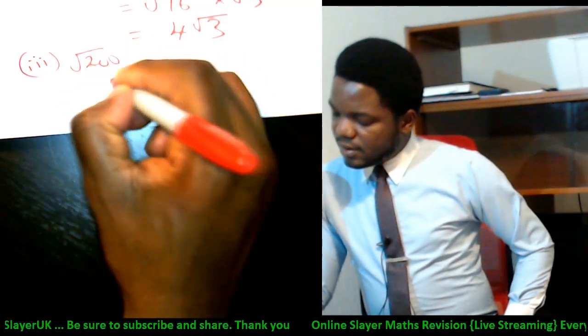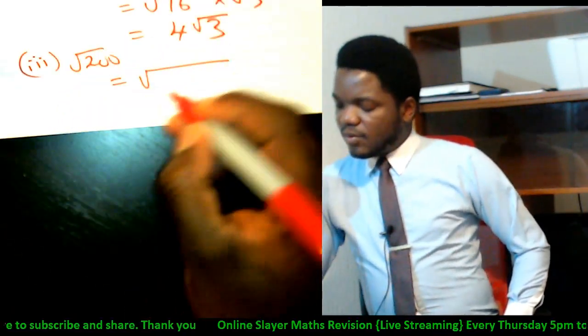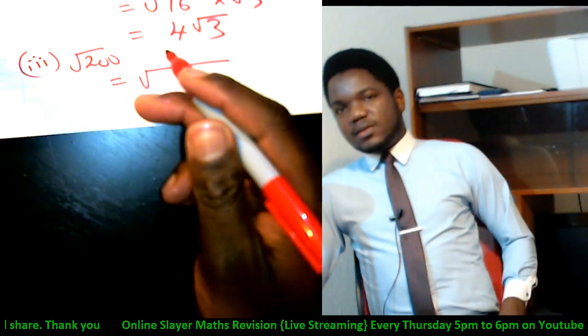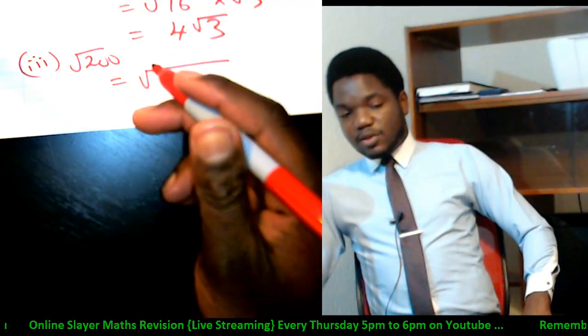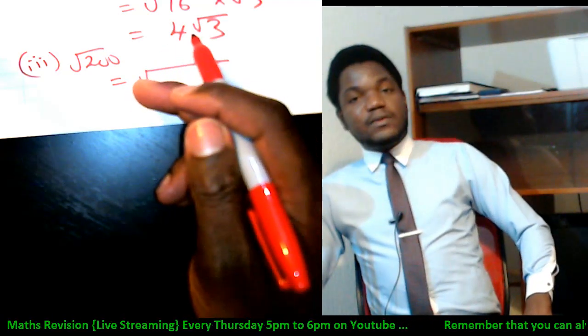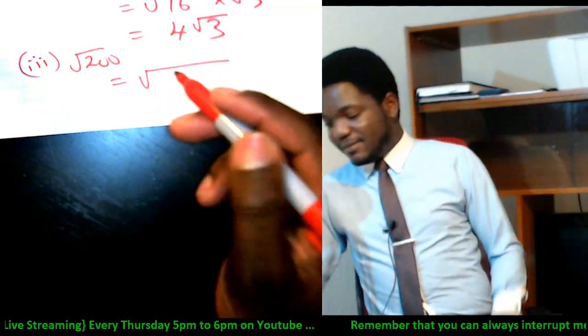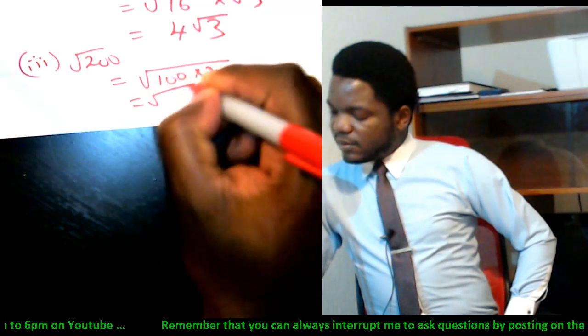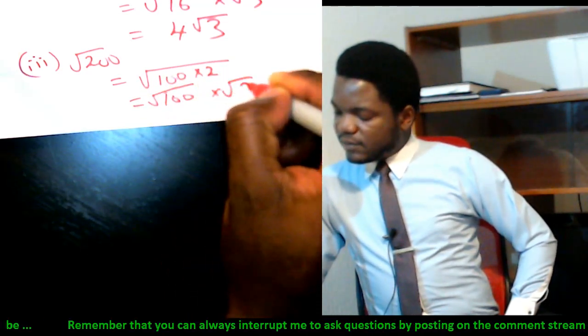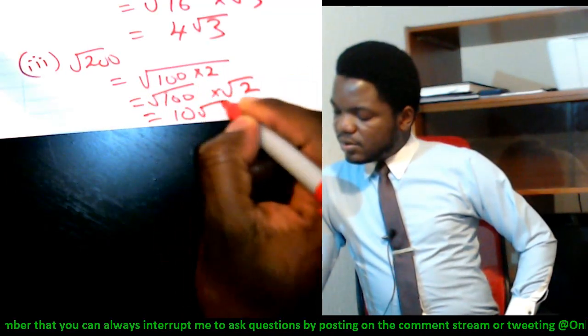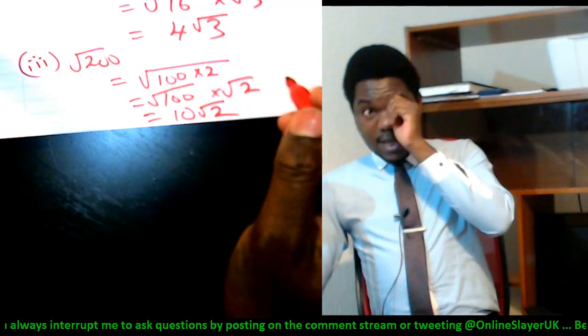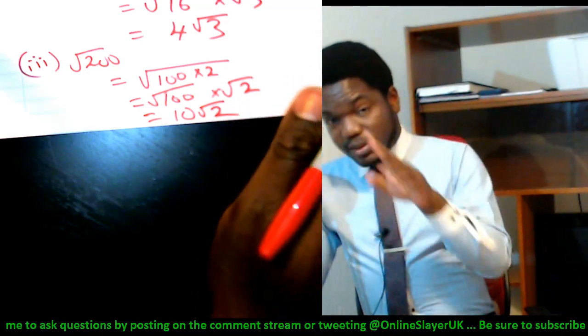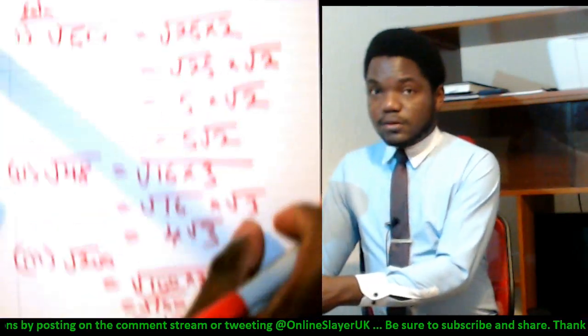That's the same thing. What's the square number you think is big enough here? Because we have so many square numbers inside this one. But you look for the biggest one, which is 100. So 100 times 2. That's square root of 100 times square root of 2, which is 10 root 2. Now that is how to simplify into surd form.